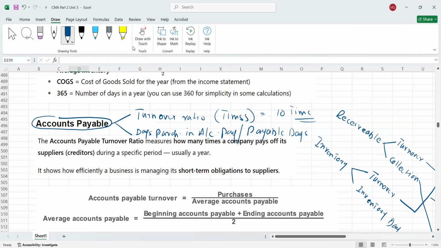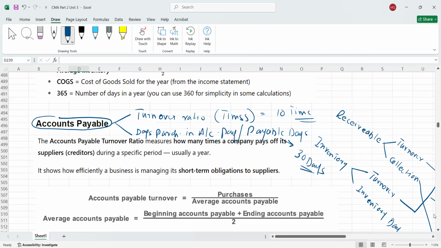That's turnover. And days will give you answer in days. For example, if answer is 30 days, it means on average you are paying your supplier after 30 days, or you are taking 30 days to settle your payments with the supplier. So that's what is the payable days.